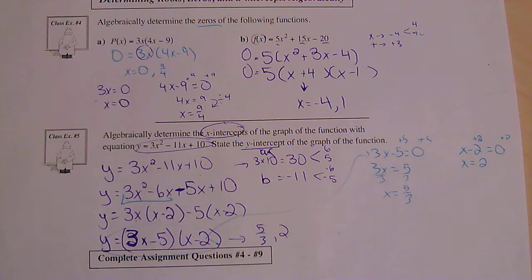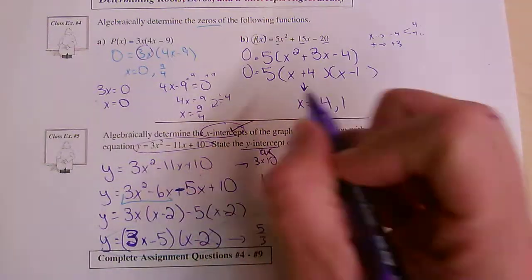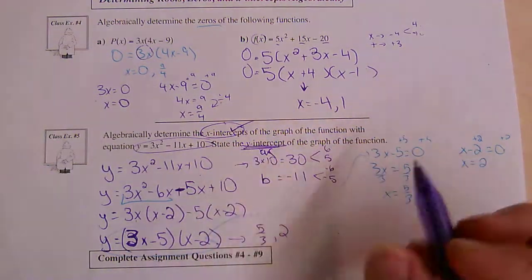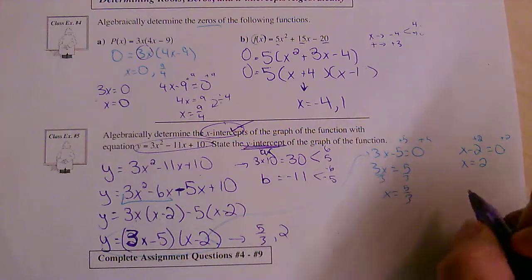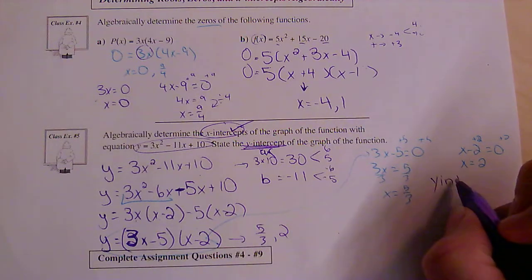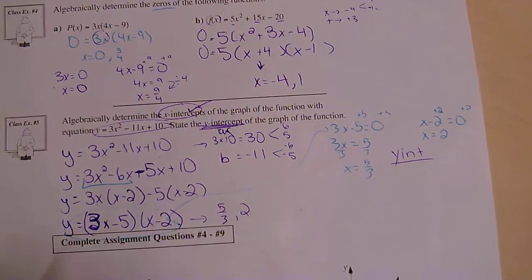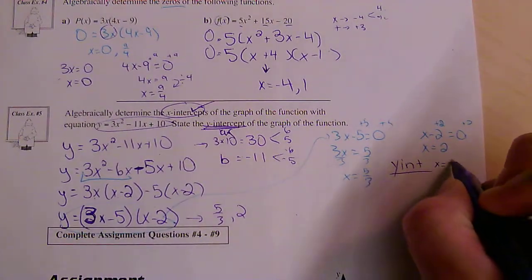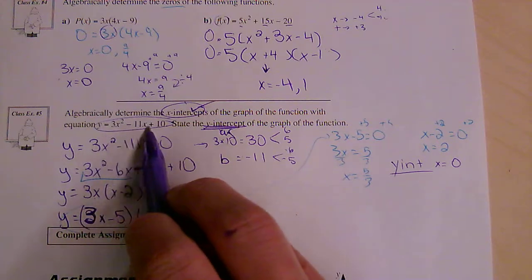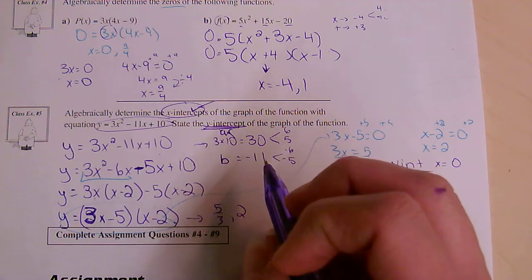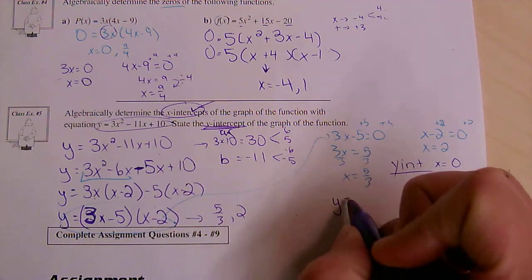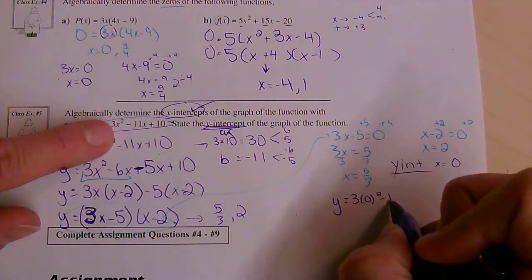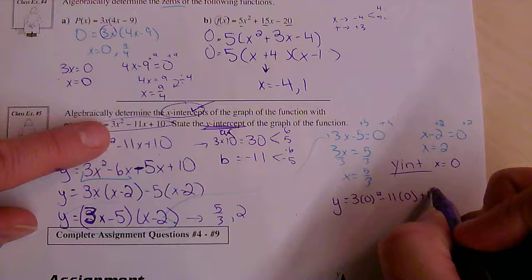So we've done the first part. We answered what the x-intercepts are, but now we still have to answer what the y-intercept is. My y-intercept is defined by having an x that is equal to 0. So I use this equation right here and substitute in: y is equal to 3 times 0 squared minus 11 times 0 plus 10.